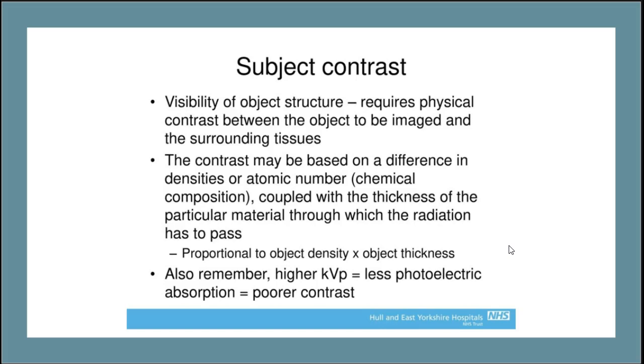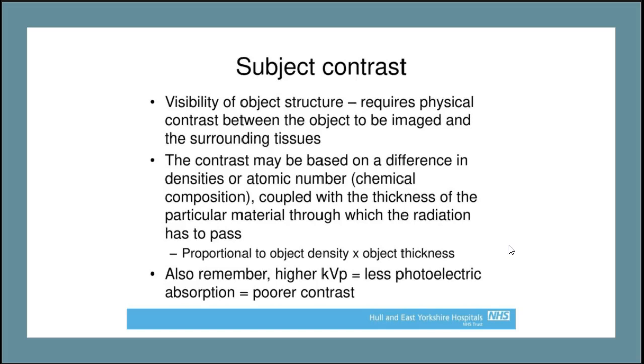Going along with subject contrast, the visibility of object structure requires physical contrast between the object to be imaged and the surrounding tissues. So we need to see the difference between the kidney and the liver. The one good thing is there's usually a layer of fat around each organ.